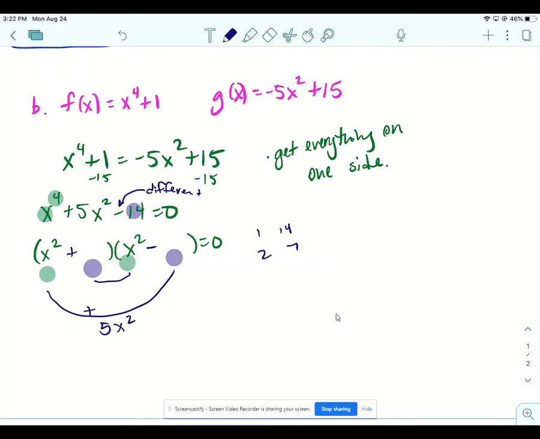All right, so if I was just guessing, I would probably guess the 2 and the 7 instead of the 1 and 14. And if I put the 7 here and the 2 here, when I multiply that outside, I'm going to get negative 2x squared. When I multiply that inside, I'm going to get 7x squared, and those do combine to give me your 5x squared.